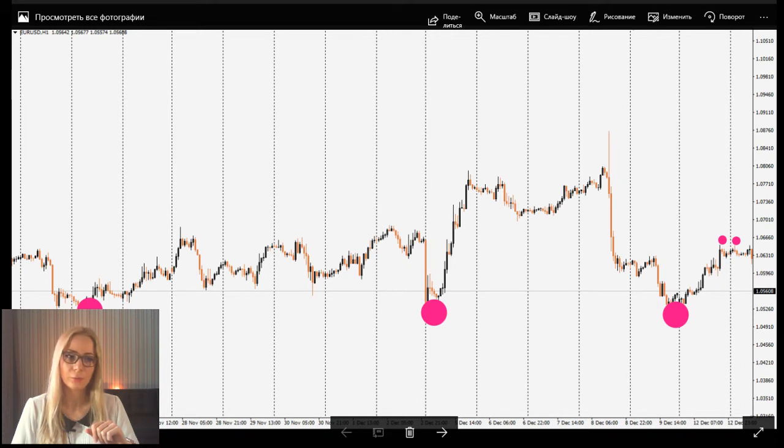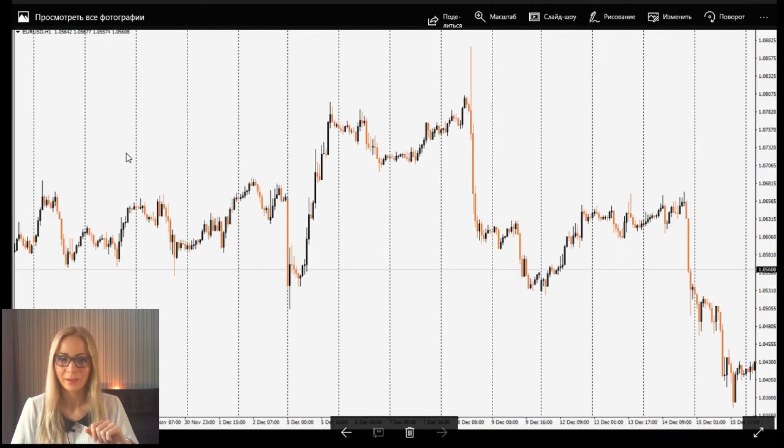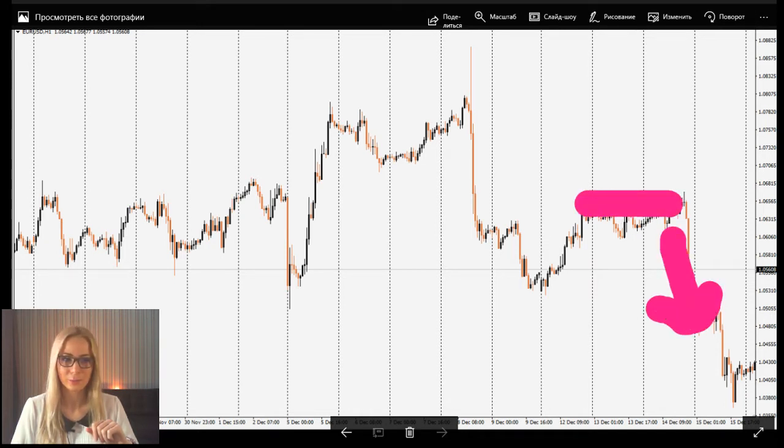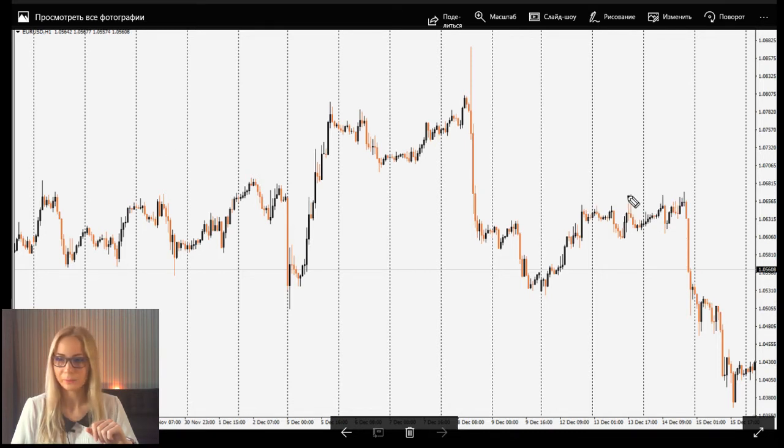Do they have enough money to buy again? Think about this: now they spent all their money here before, and now they don't have enough money, so sellers can move price.